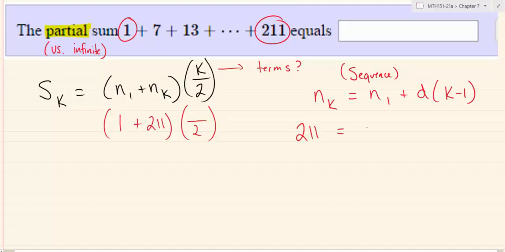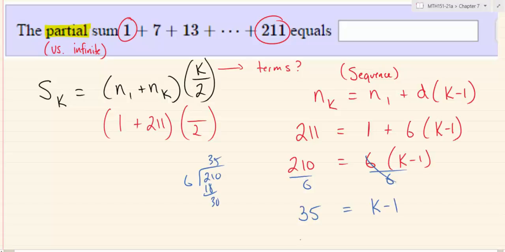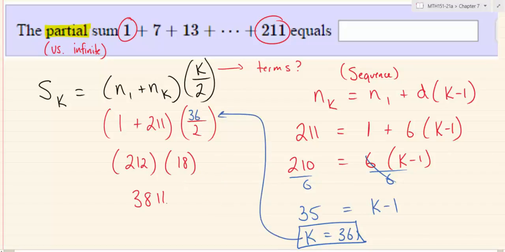We know the first term is 1. And the common difference is 6. So k equals 36. So in this series, there are 36 terms. So we're going to plug that 36 in, and we get 3816.